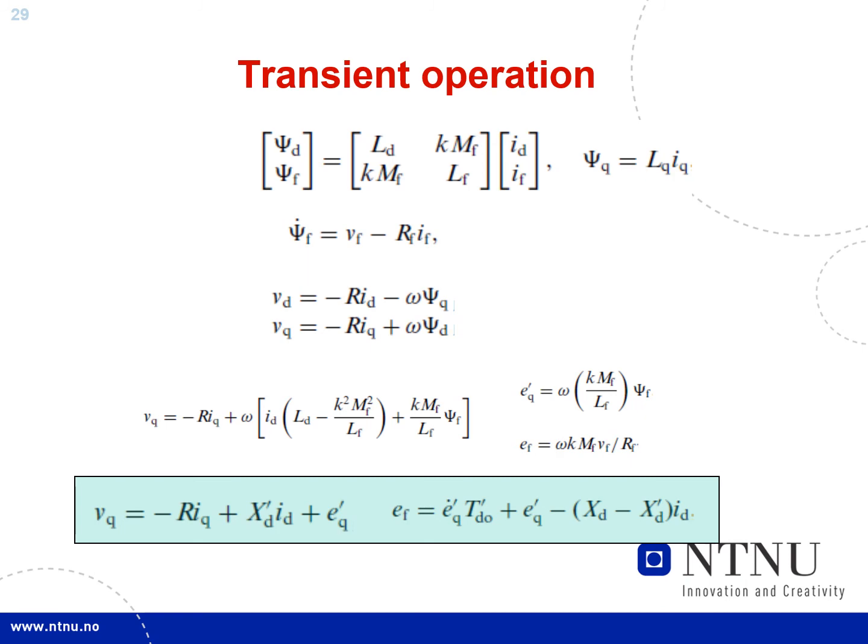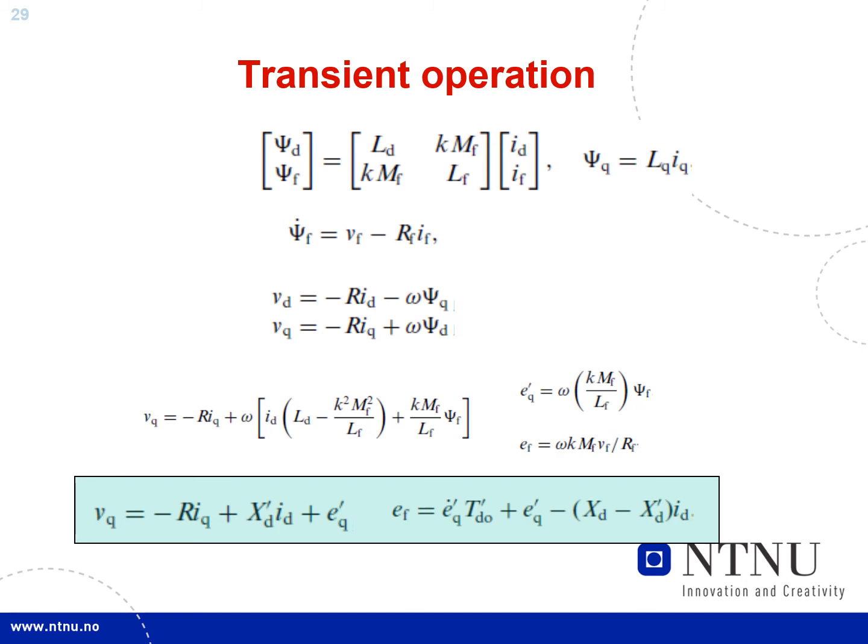And then it's the same derivation as described in chapter 4 on how to go from the flux description to the description that we usually do with the internal transient or sub-transient voltages.